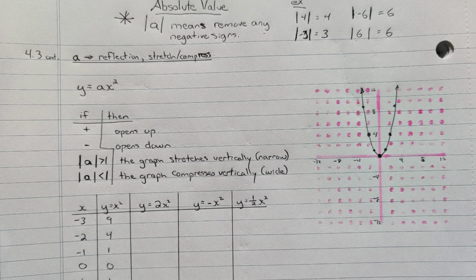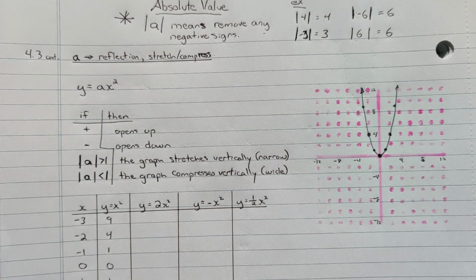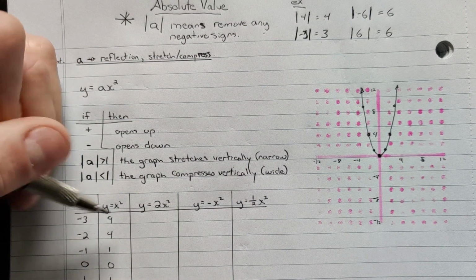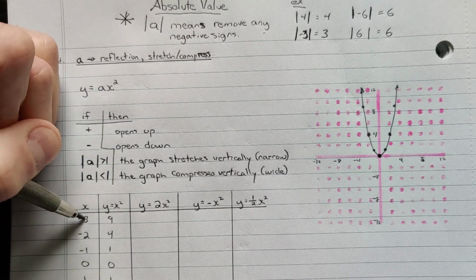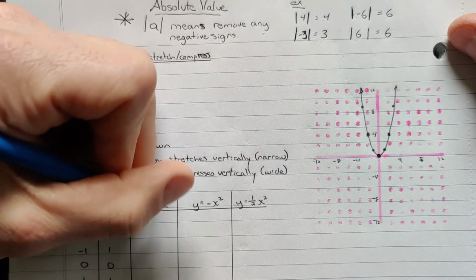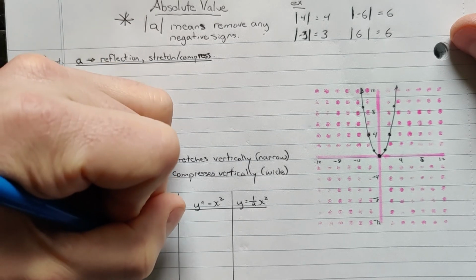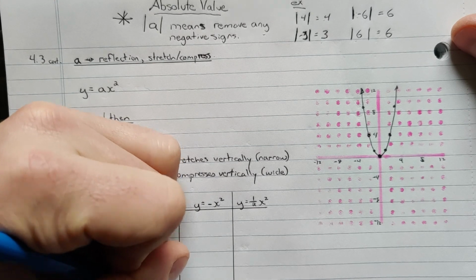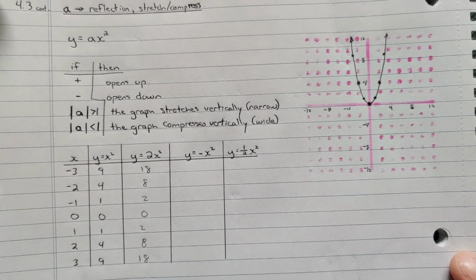So if we go through the table here, if I start with y equals 2x squared, we're just going to multiply each of those values by 2. So we're going to square x first, and then we're going to multiply it by 2. So negative 3 squared is 9, times 2 would be 18. Each of these y values is going to end up being doubled. So there's my doubled set of values.